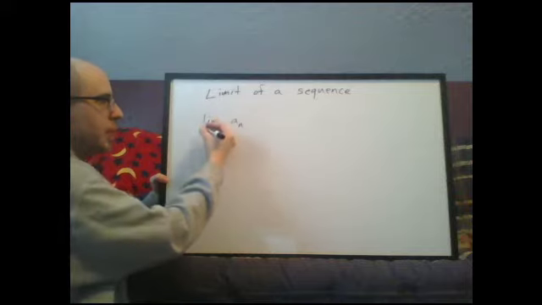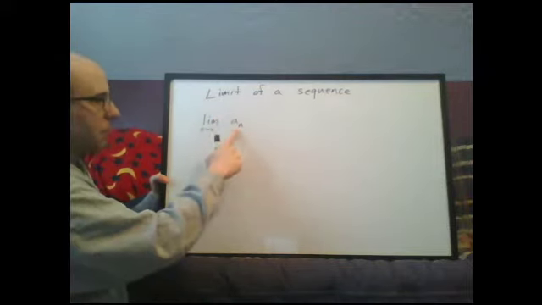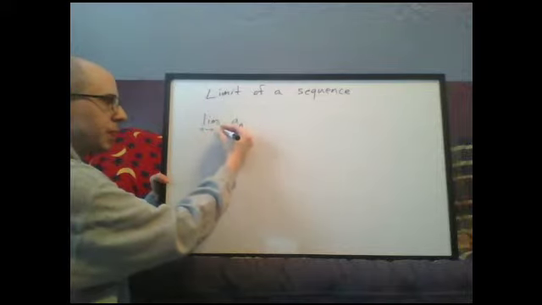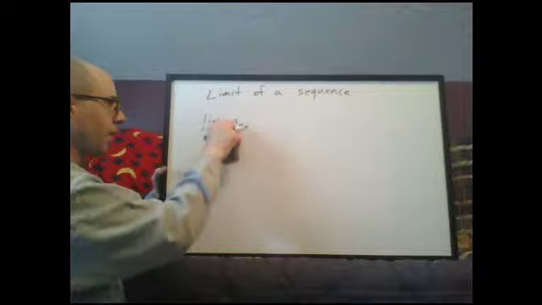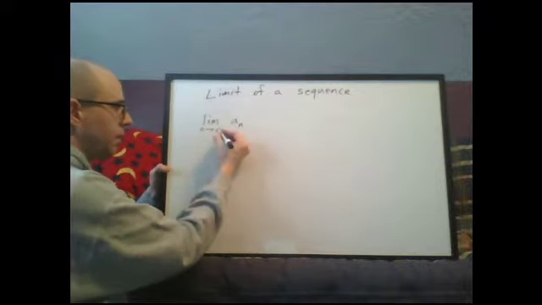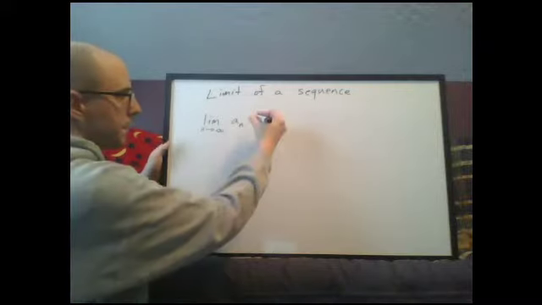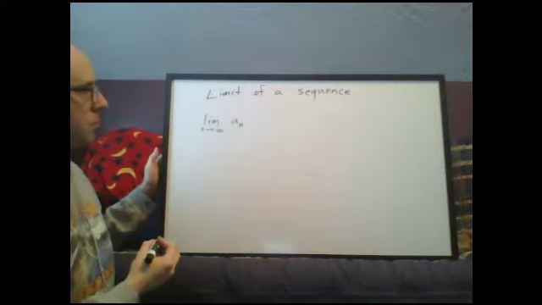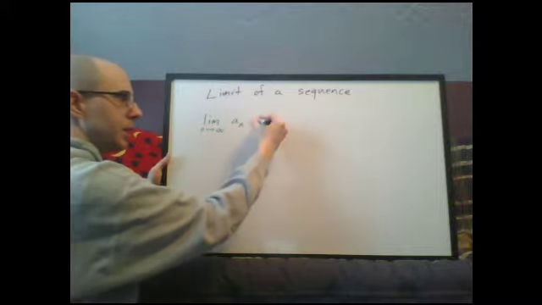So instead, the only thing that it makes sense to ask is, what is a_n approaching as n approaches infinity? Okay, so the only kind of limit that we worry about with sequences is the limit as n approaches infinity.